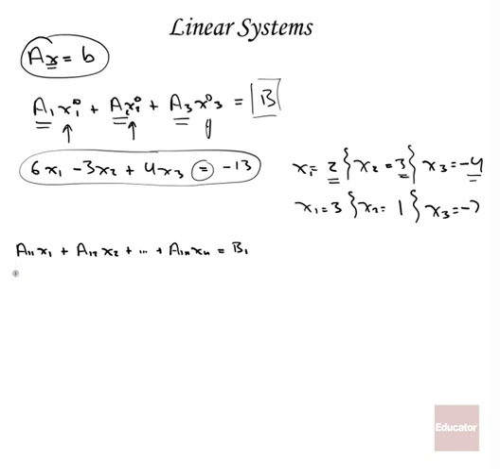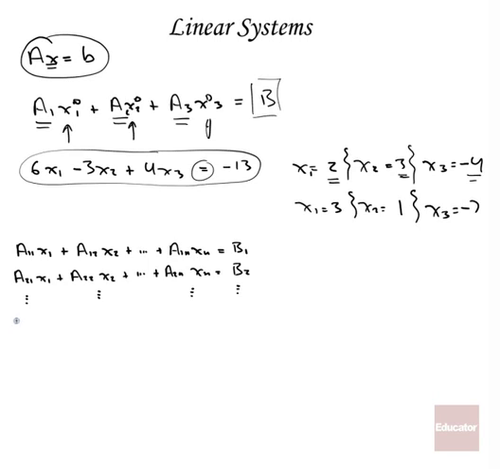And now we'll write another one, a21 x1, and I'll explain what these subscripts mean in just a moment, plus a22 x2 plus dot dot dot plus a2n xn equals b2. Now we have our second equation. And then we go down the line. So I'm going to put a dot dot dot there, that means we're dealing with several equations here.